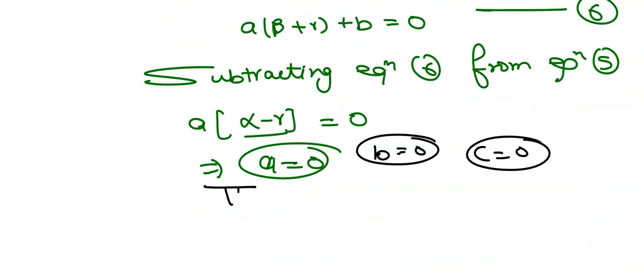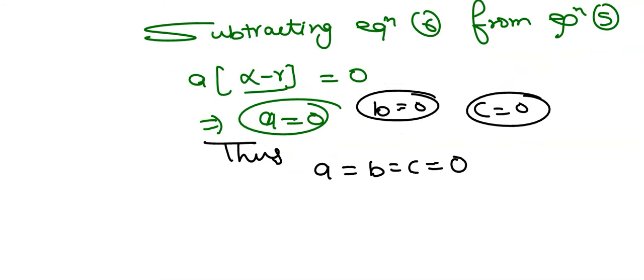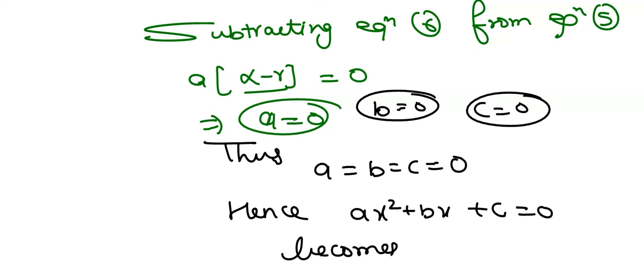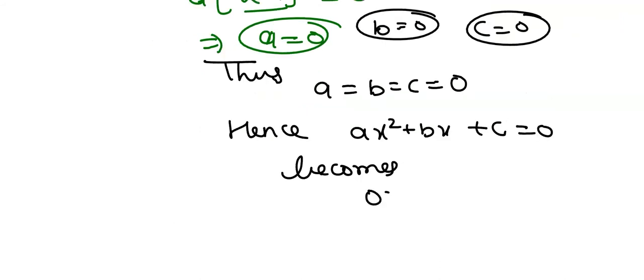Thus यहाँ से कंडीशन क्या आ जाती है? ये तभी पॉसिबल है जब a b c सभी 0 के इक्वल होंगे. Hence ax square plus bx plus c equal to 0 becomes 0x square plus 0 into x plus 0 equal to 0.